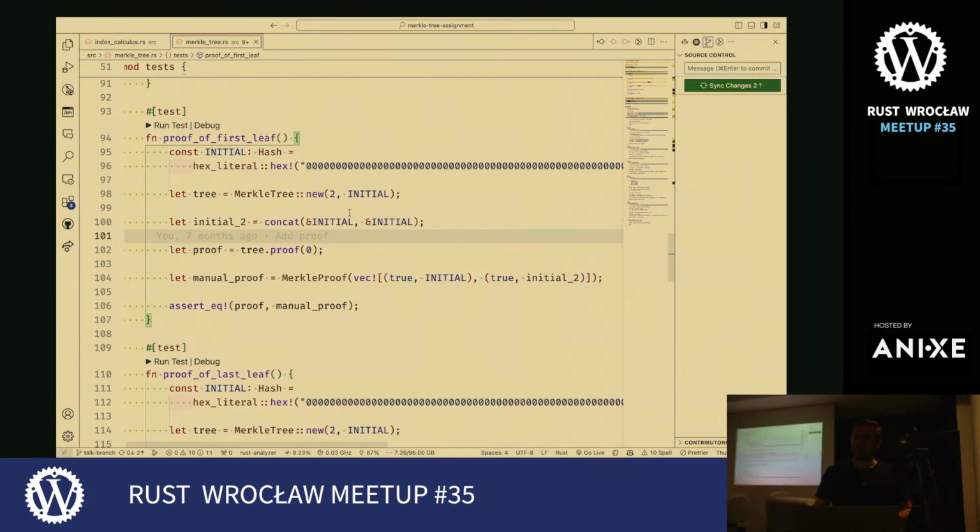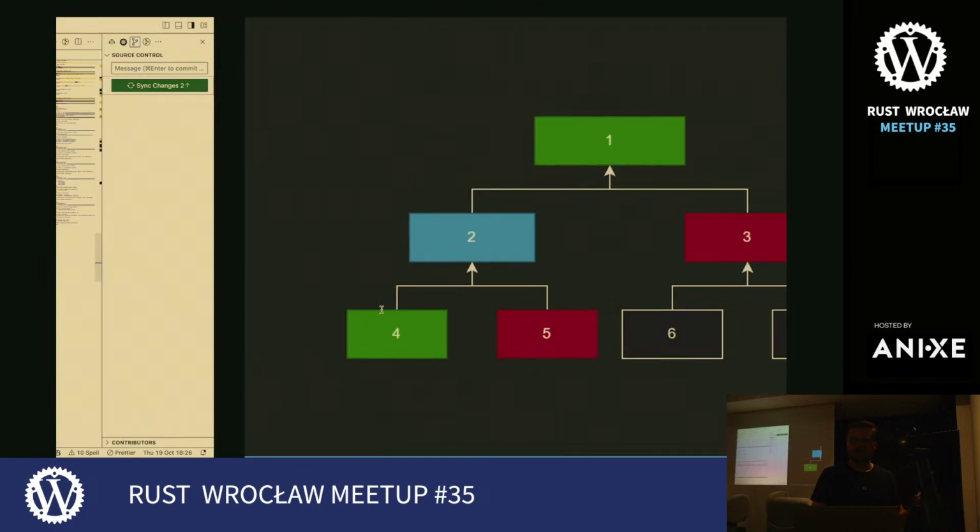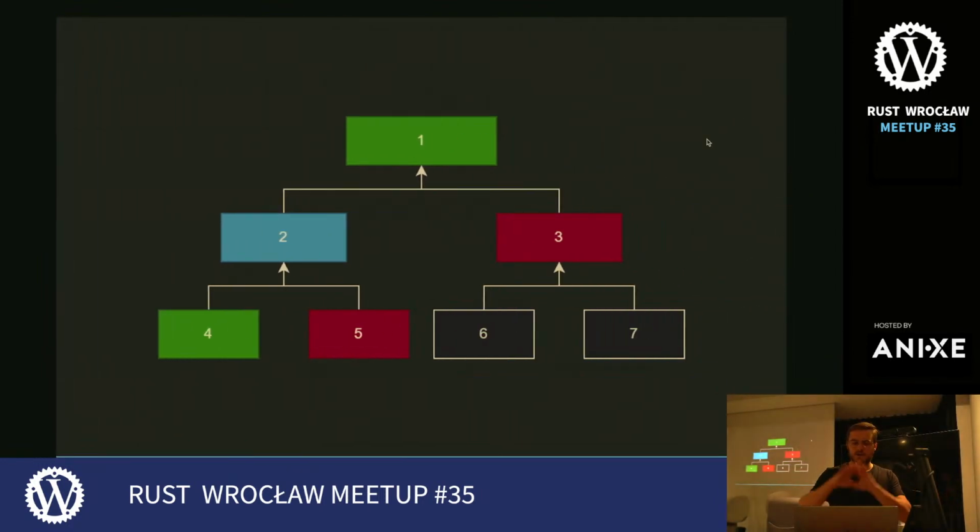After we're done with updating, we'll need to do proof generation. Before actually going to proof verification, we'll go first to proof creation. So the first test will give us a proof for the first leaf in the tree, and this is the graphical representation of that.